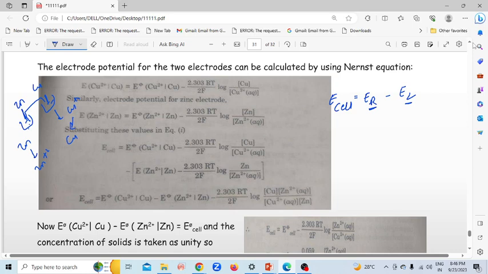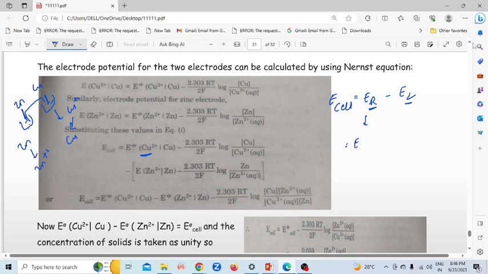First of all we need to find E right, the potential at the right hand side, so we need to use the Nernst equation here.